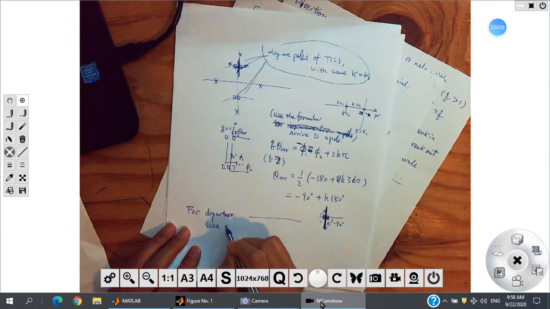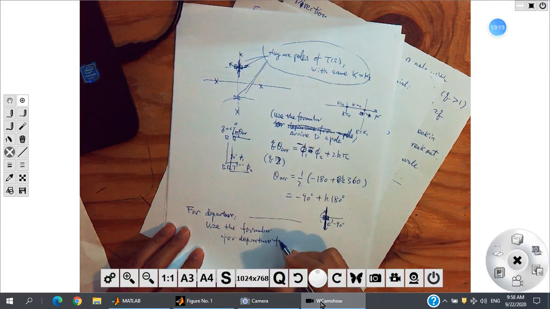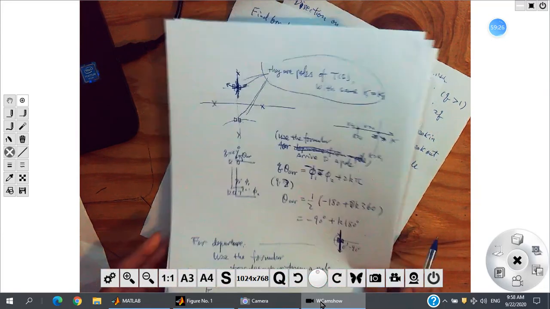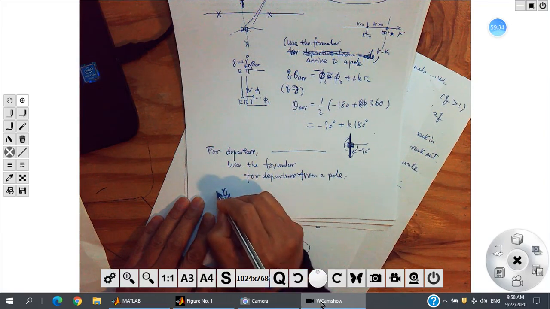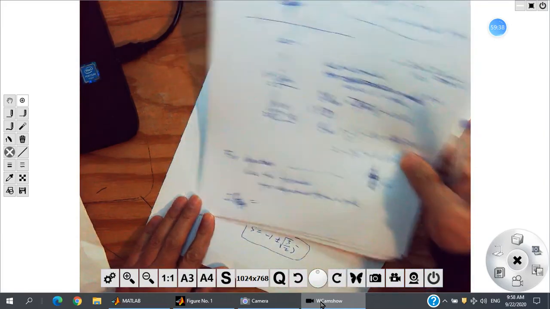Use the formula for departure from a pole. So Q times theta departure. Here Q is 2, equal to that formula.